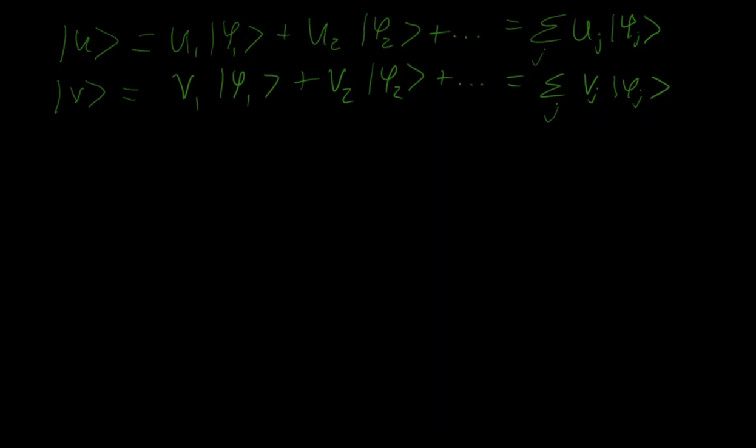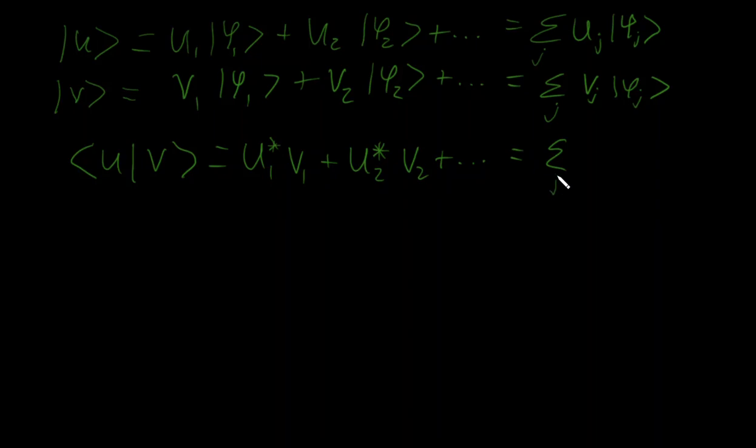Now, if we want to take the inner product of u and v, we know how to do that. It's u1 star v1 plus u2 star v2 plus dot dot dot, which is equal to the sum over all possible values of j of uj star vj.